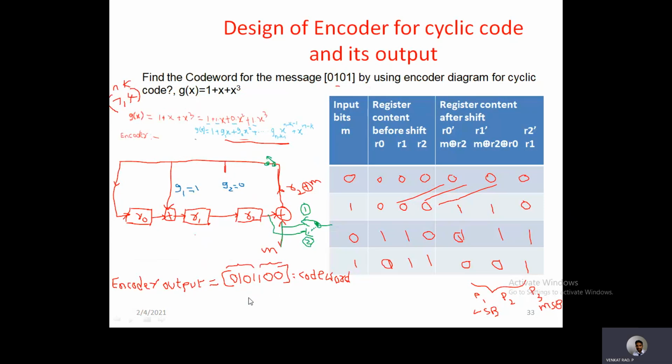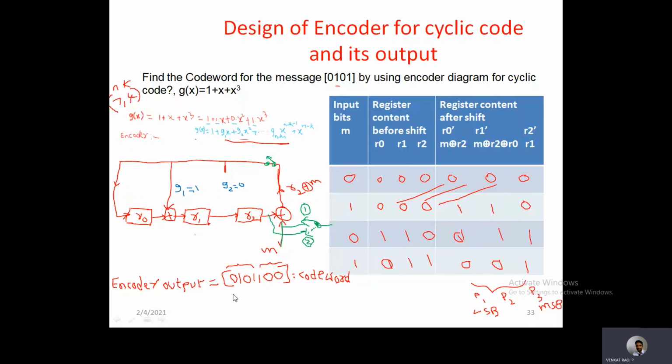But due to noise or errors in the channel, it may be received with errors. That means some of the bits may be erroneous: instead of 0, it may be received as 1, and instead of 1, it may be received as 0. So the received code vector may contain errors.